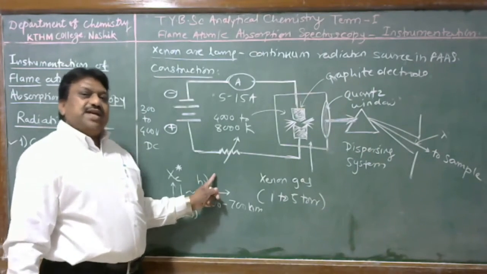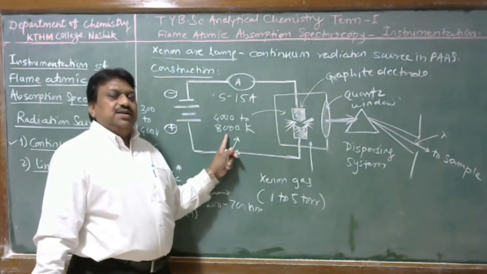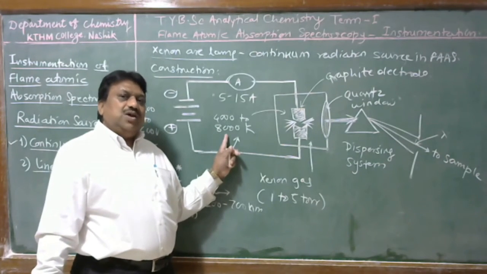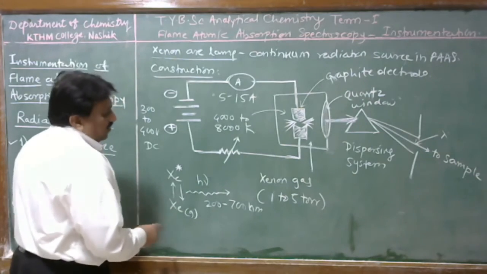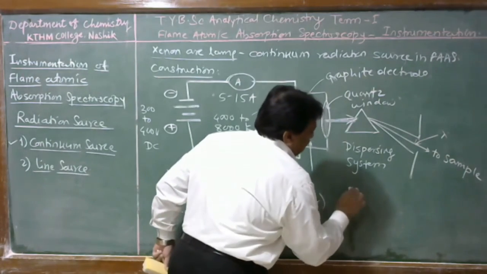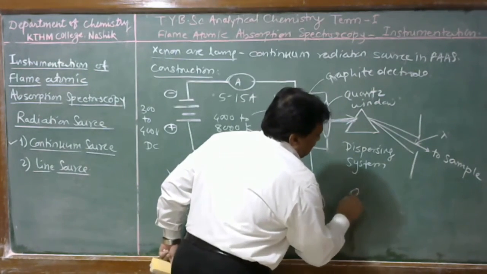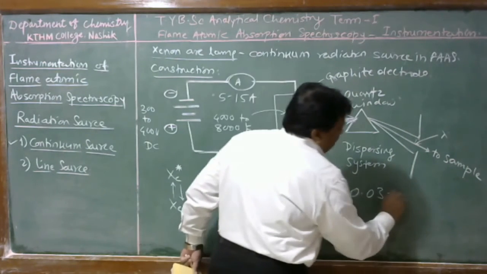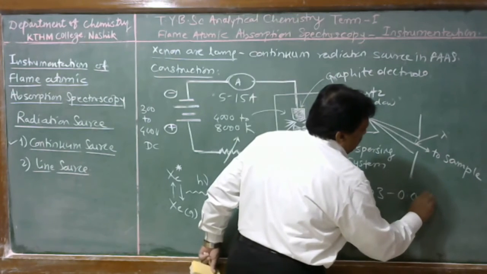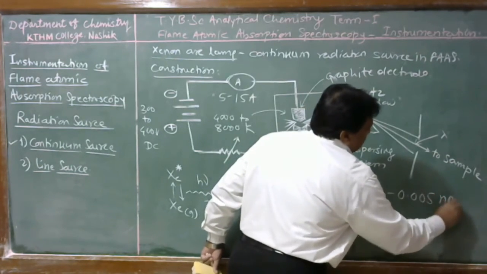The main disadvantage of this source is that the atomic absorption lines of atomic species are very narrow. The bandwidth of the atomic absorption line of atomic species ranges from 0.03 to 0.005 nanometer.